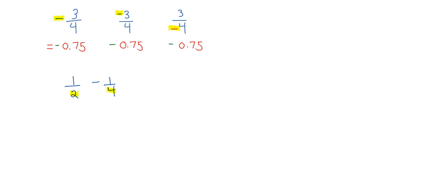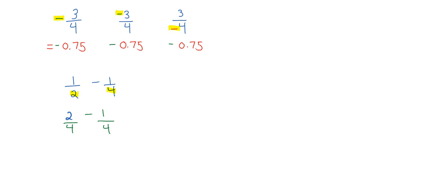The common multiple here would be 4. If I go from 2 to 4, that means I need to multiply the numerator by 2, and the denominator will be 4.